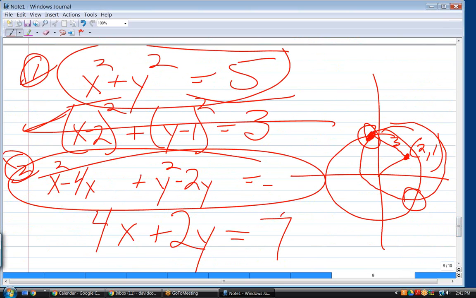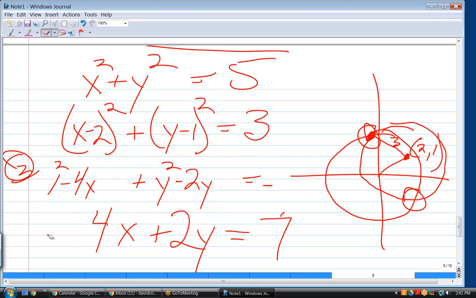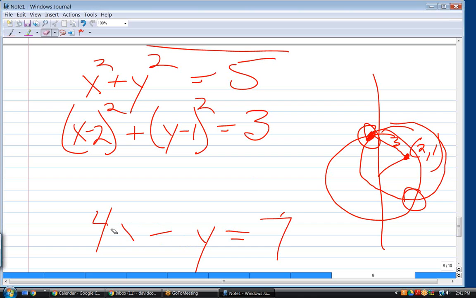And that's the equation of the circle whose center is at 2, 1. And their intersection point is going to occur where x is equal to x and y is equal to y.